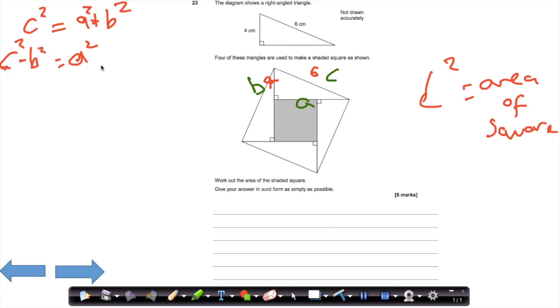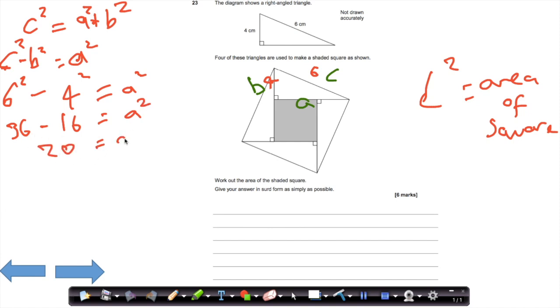So c squared, take away b squared, will give you a squared. Well, what is c? c is 6, and b is 4. 6 squared is 36, 4 squared is 16. Take them away, so 20 is a squared, so we need to square root both sides. So the square root of 20 equals a.